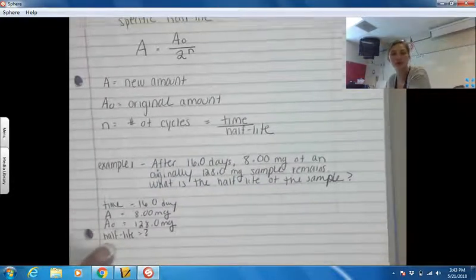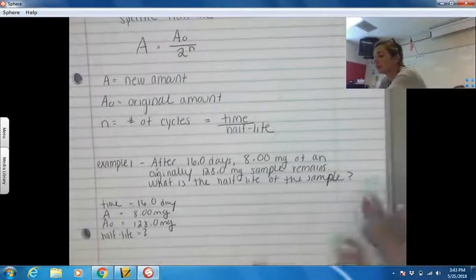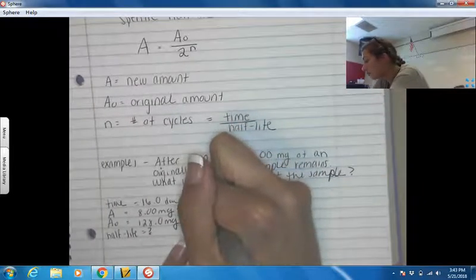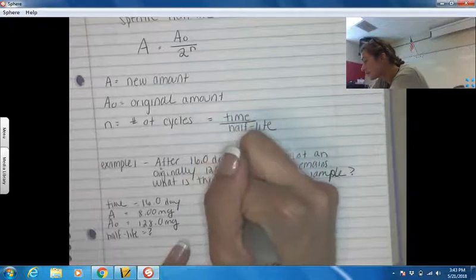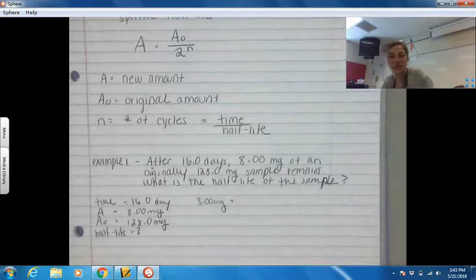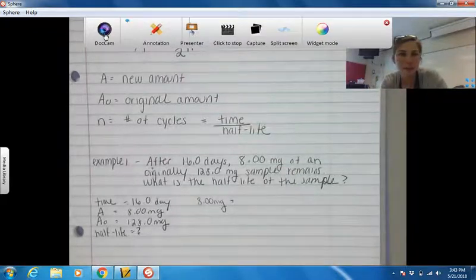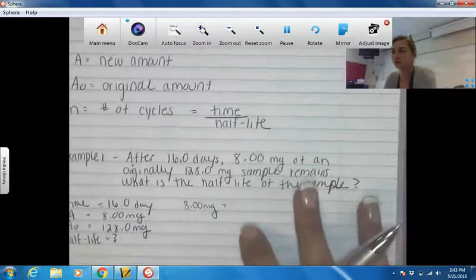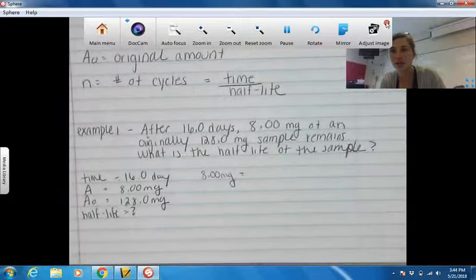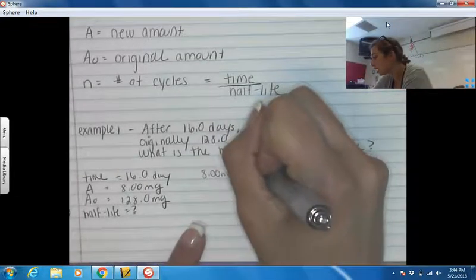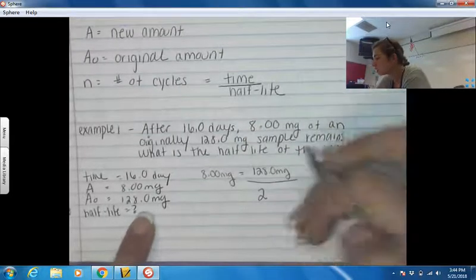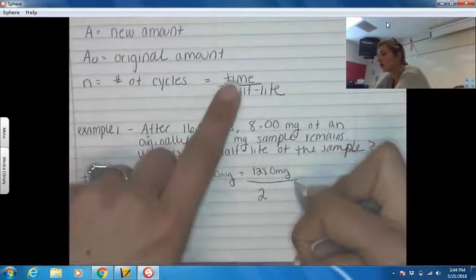So what we're going to do is plug it into our equation and figure out how we can solve this. So again, we have A being 8.00 milligrams is equal to our A naught, which was the original amount, which is 128.0 milligrams, 2 raised to the nth, and the nth is time over half-life.